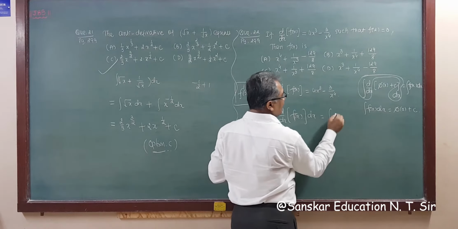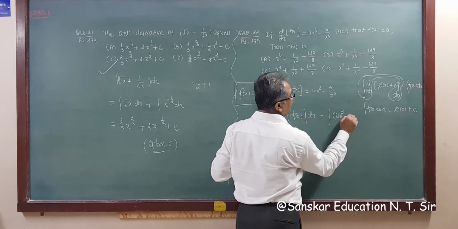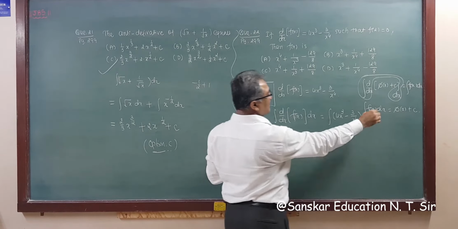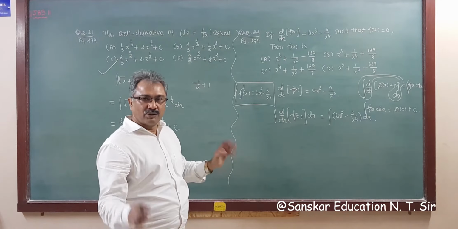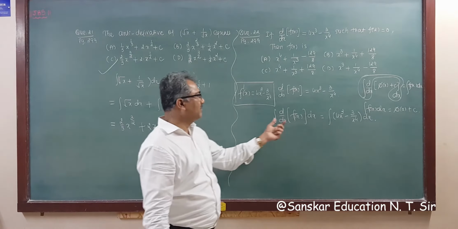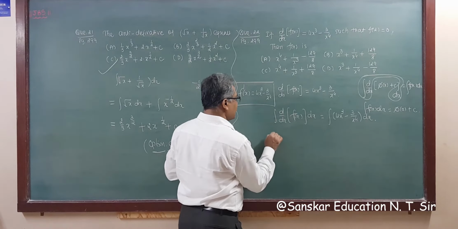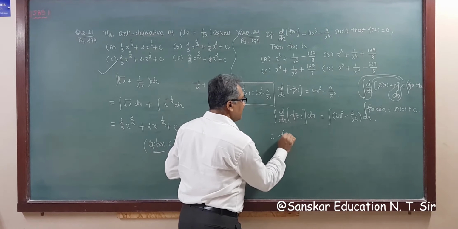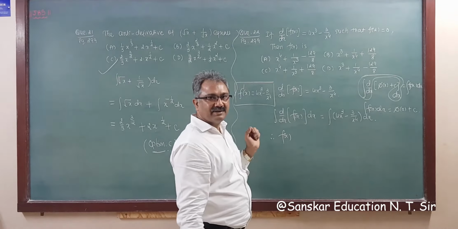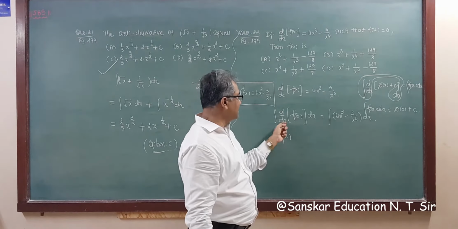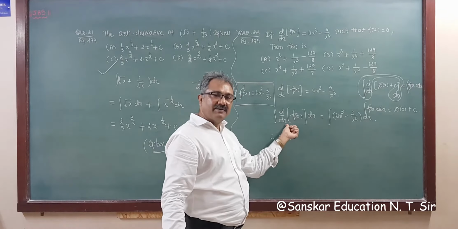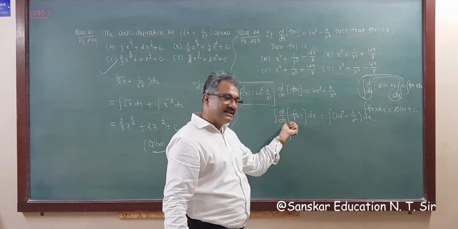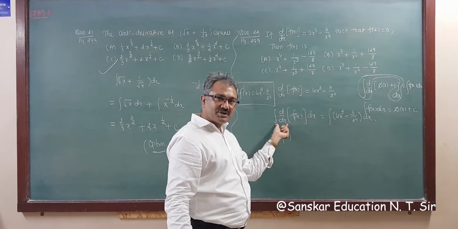So this is integration of 4x cubed minus 3 by x raised to 4 dx. Got it? Any problem? Now, because they are reverse processes of each other, the answer will be fx. This is the symbol for integration, and this is the function. In the function there is a derivative, so they will vanish because they are reverse processes of each other.